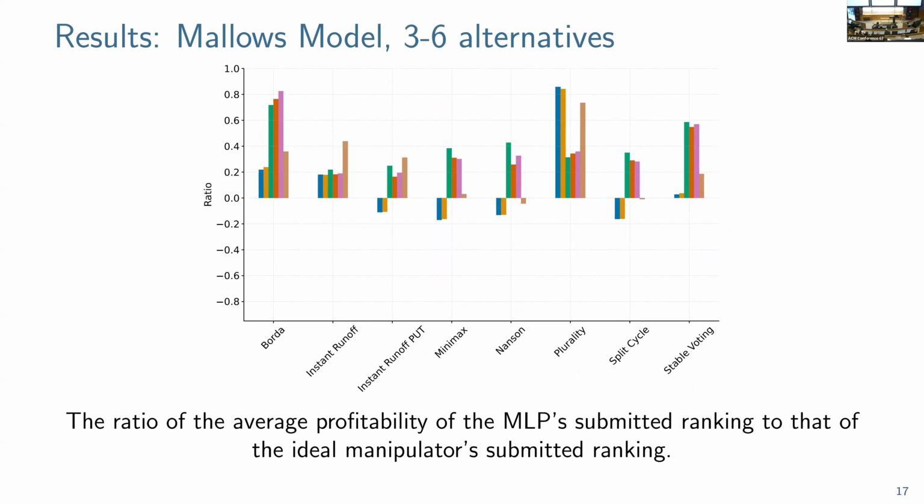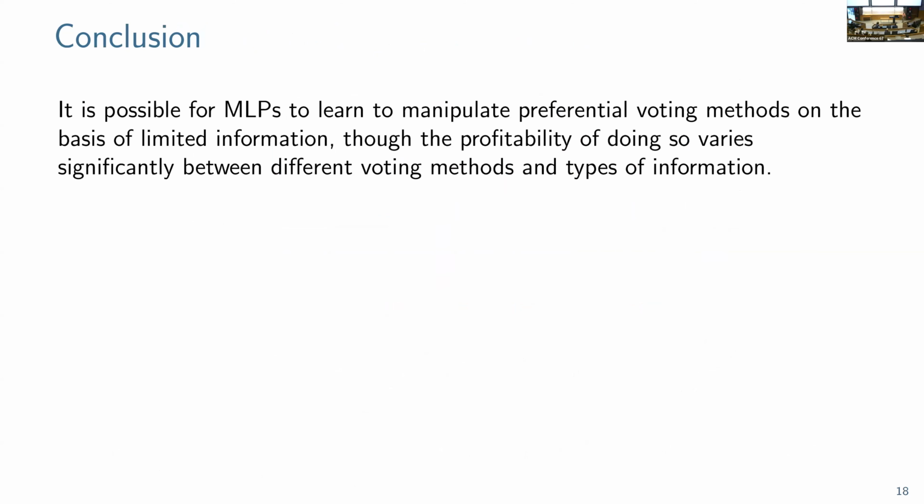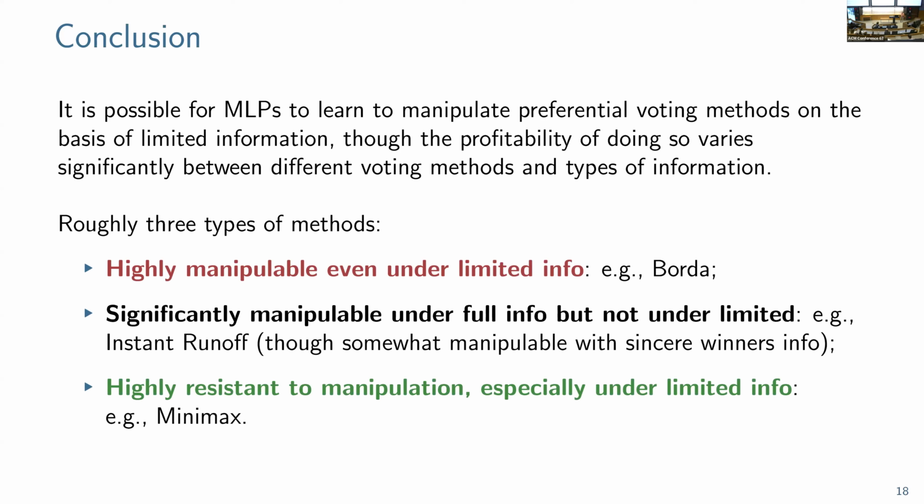Okay, so in the interest of time, I'm just going to skip over that. So here's my conclusion. It's possible for MLPs to learn to manipulate preferential voting methods on the basis of limited information, but it varies significantly between the different types of voting methods. We have highly manipulable voting methods, even under limited information.